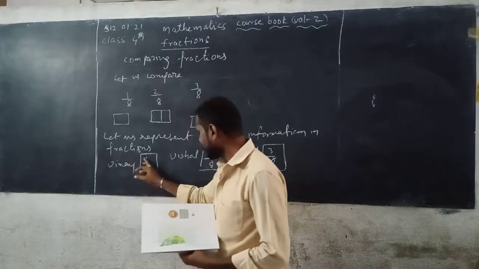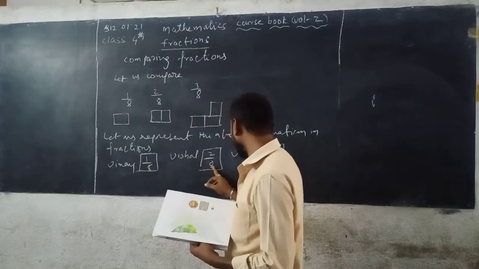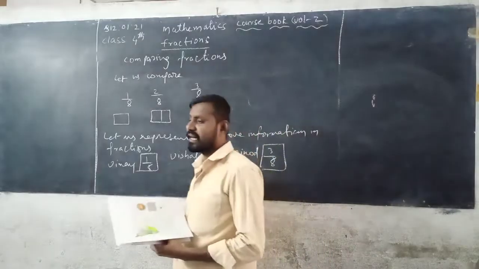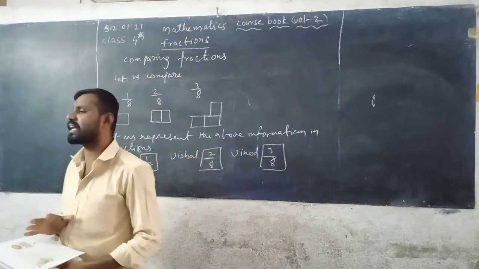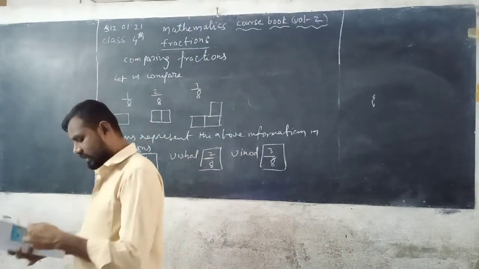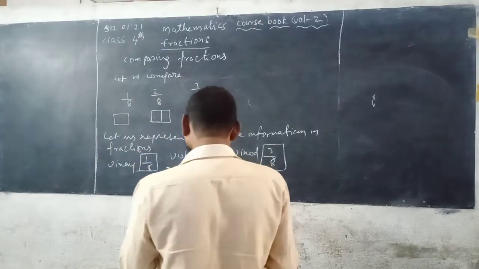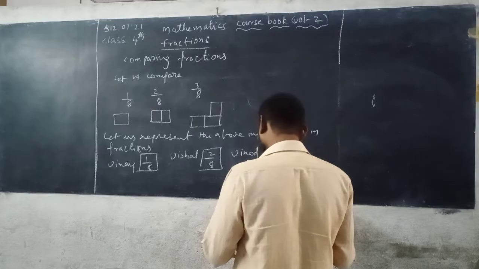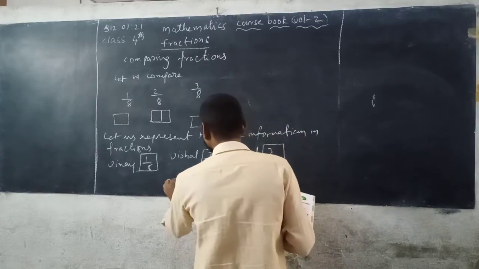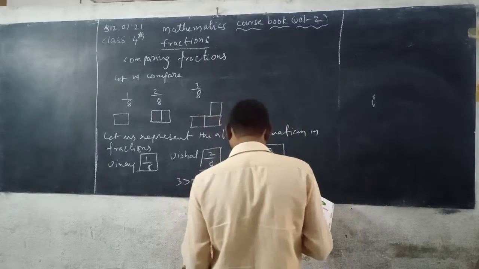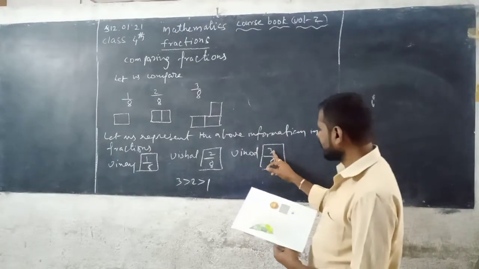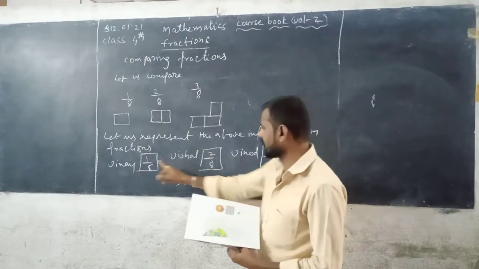In the given fractions, denominators are same. Now you can compare the numerators. Let us compare the numerators to compare the fractions. Comparing the numerators, 3 is greater than 2 is greater than 1.